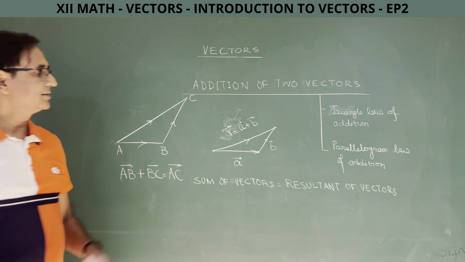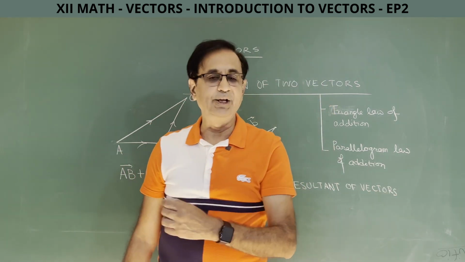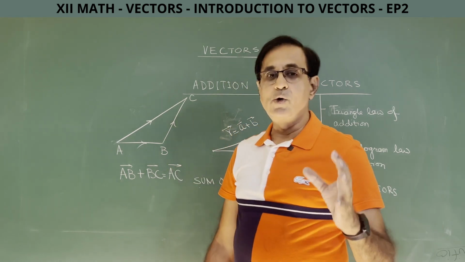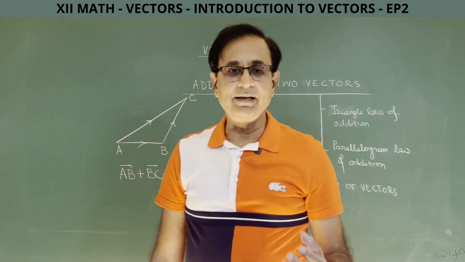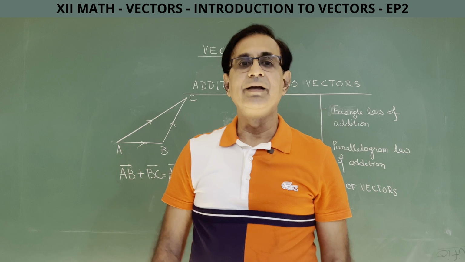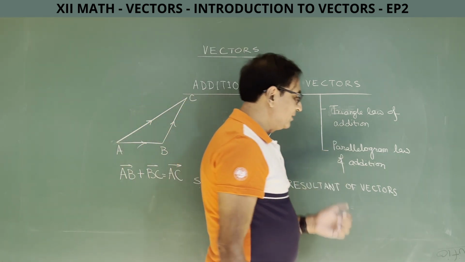Now what is the next rule? Parallelogram law of addition. Once we get over with this, which is a little overwhelming for you in the beginning, and we start the algebraic representation of vectors, that is in terms of i, j and k, addition of vectors will be so quick that you will be amazed.